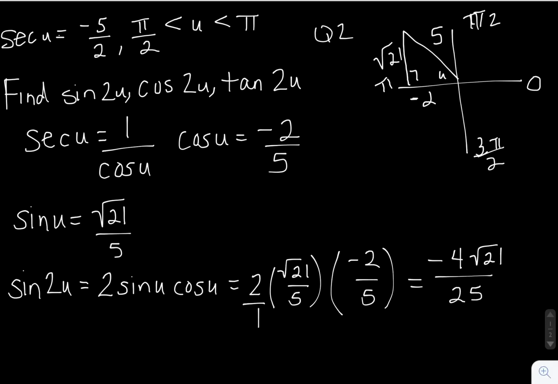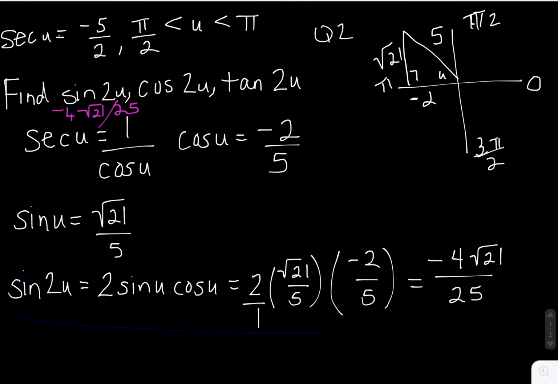Okay, 2 times -2 is -4 times the square root of 21. Our denominator is 1 times 5 times 5, which is 25. So sine of 2u equals -4 square root of 21/25. So let's put that in our bank up here. -4 square root of 21, and that's all over 25.